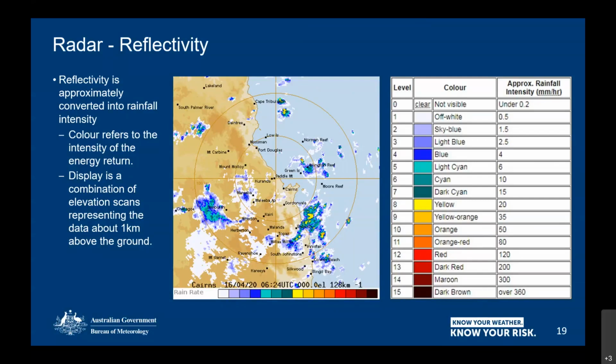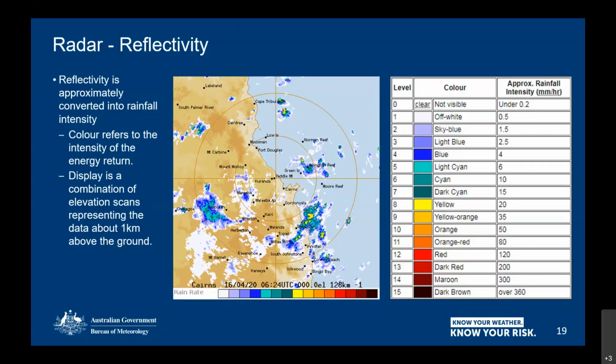Now, these reflectivity images that you see on our web page are actually a combination of the volumetric scans. Before, Andrew was explaining that our radar samples at 0.5 elevation first, and then it tilts up higher in the atmosphere, and keeps going up to around 30 degrees.